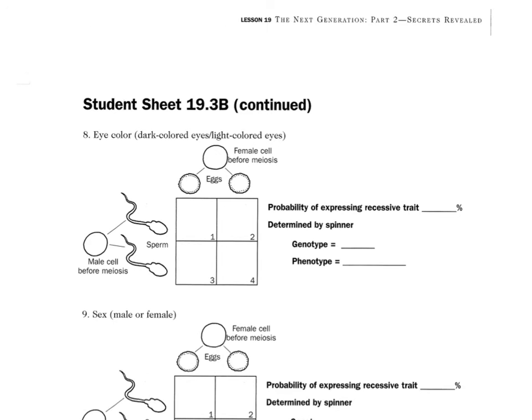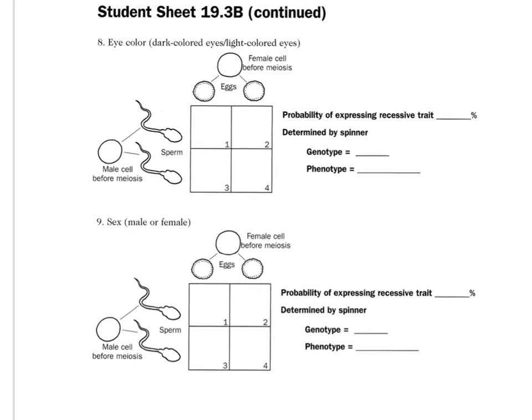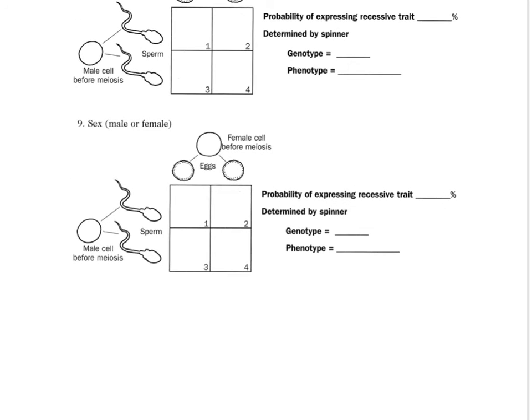Now I'm going to jump down here to the gender, because some kids are confused because the letters don't work the same way. We don't have uppercase and lowercase. A male is indicated XY, and a female is XX. So she's homozygous and he's heterozygous, but there is no dominant and recessive.